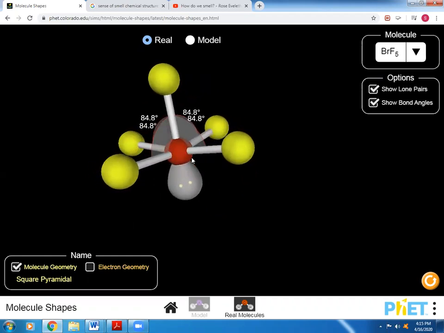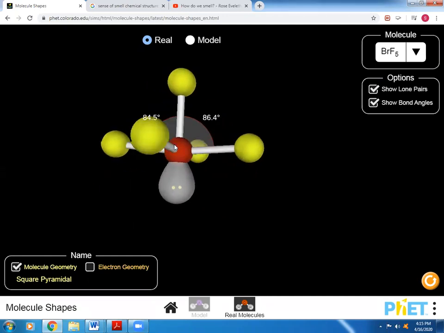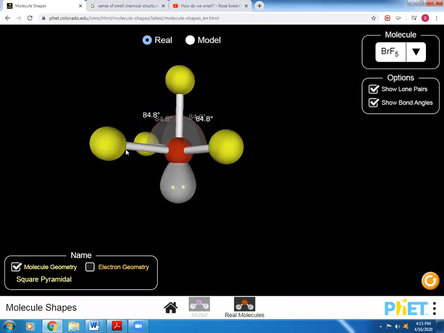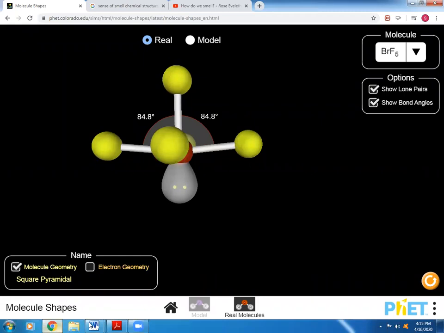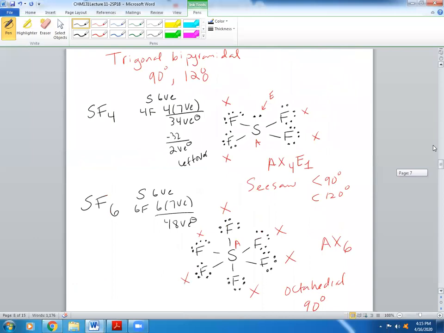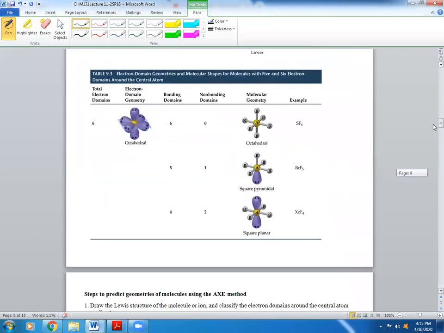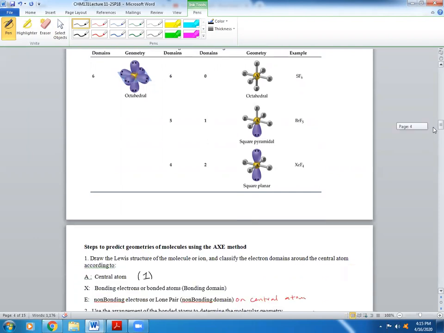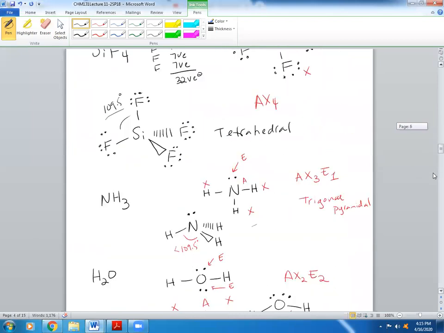This is the pyramid. So you can see that this is maybe a pyramid right here. And you have the lone pair.